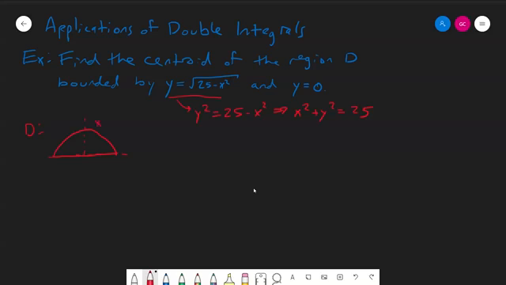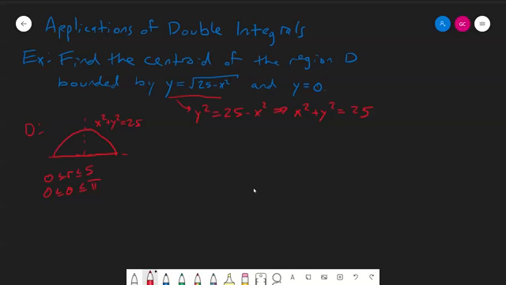Since this is bounded by a circle of radius 5, the range of r values is from 0 to 5. And the range of theta values, since I hit all the points in the first and second quadrant, is from 0 to pi.